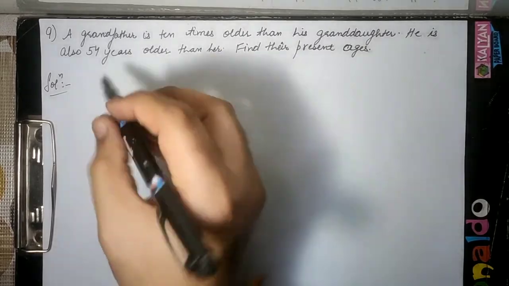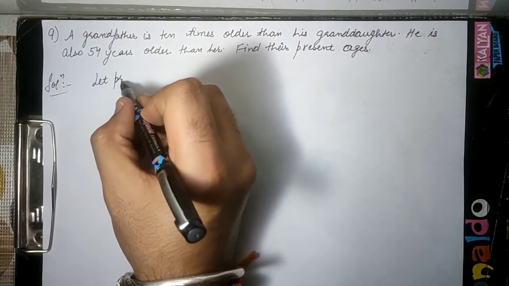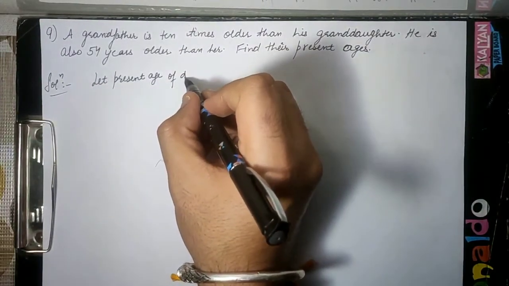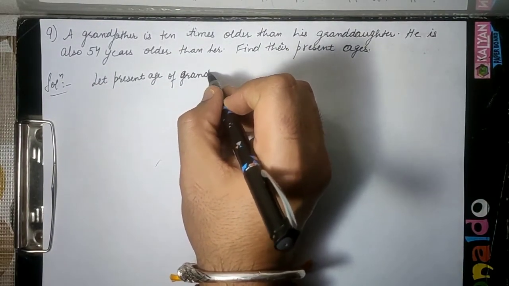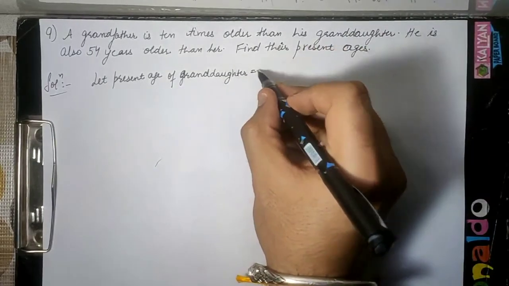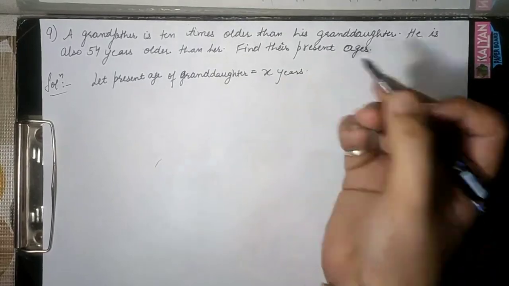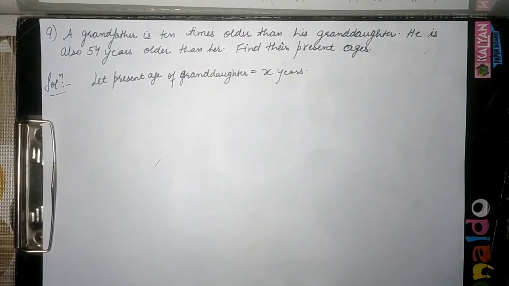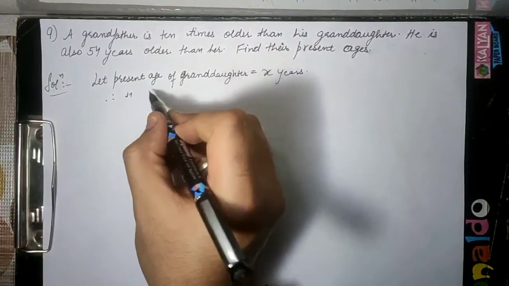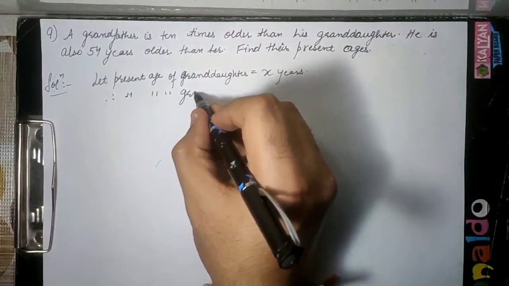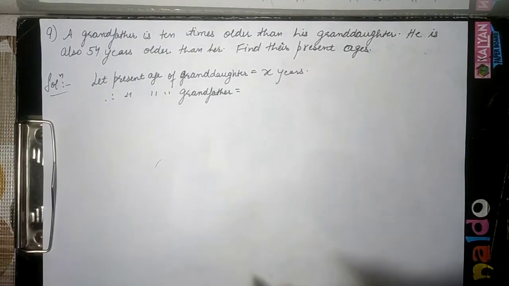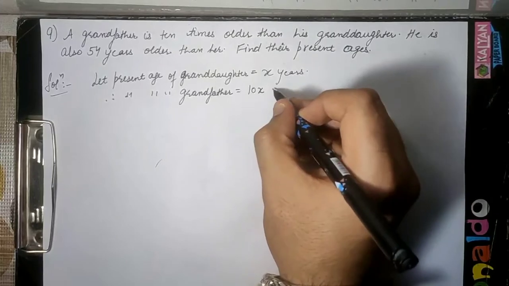So first of all we will let present age of granddaughter be x years, and it is given that grandfather is 10 times older than her. So therefore present age of grandfather, so he is 10 times older, so their age will be 10x years.